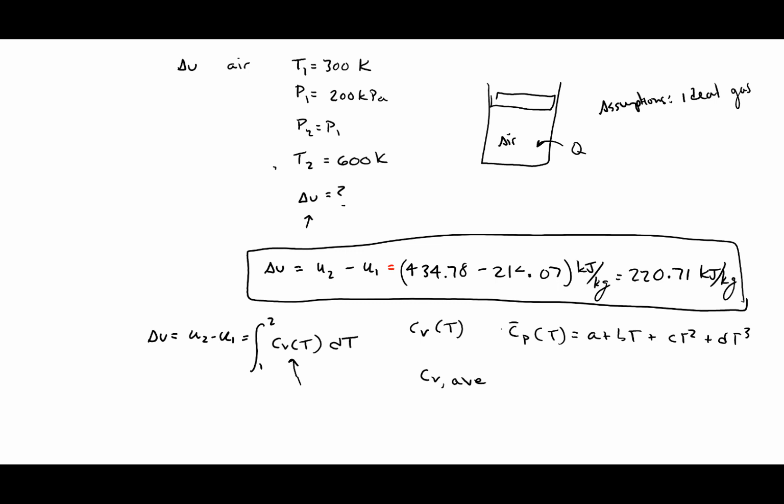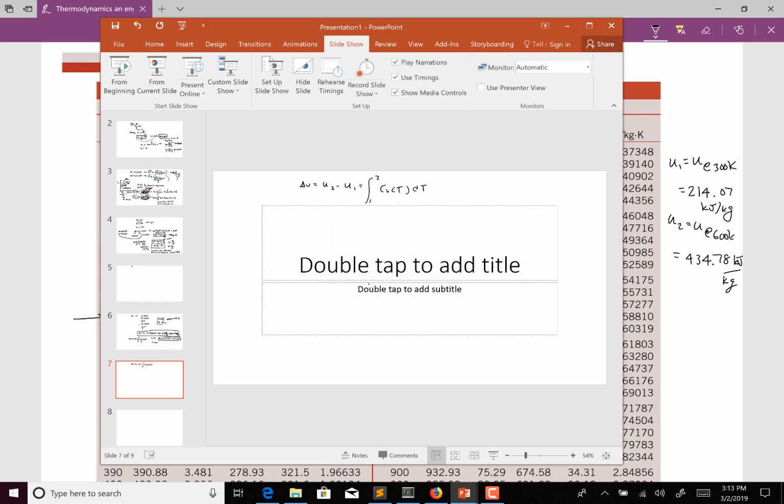So let's start with this polynomial method. Delta U is equal to U2 minus U1, which is the integral from state 1 to state 2 of C sub V of T dT. So let's see how we would get our information from this chart.